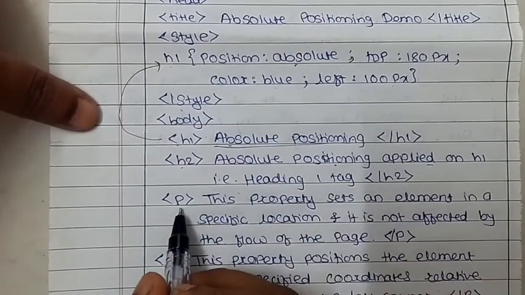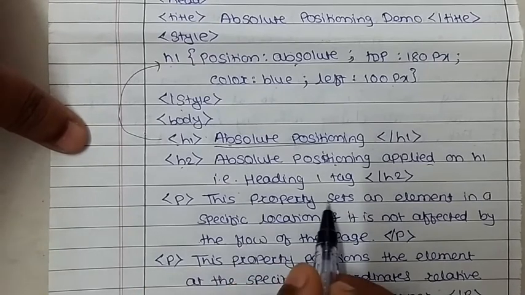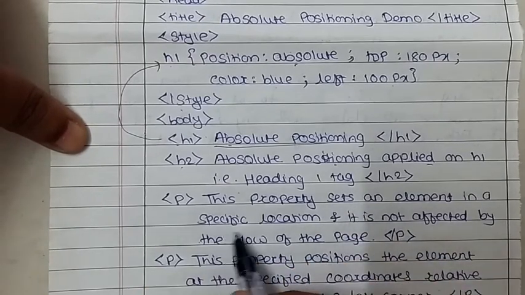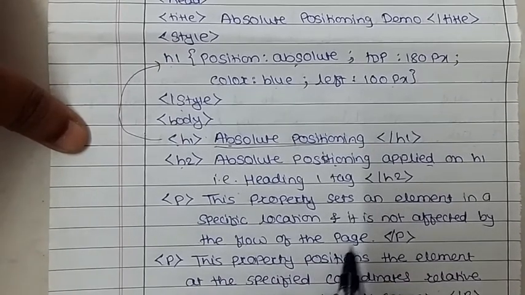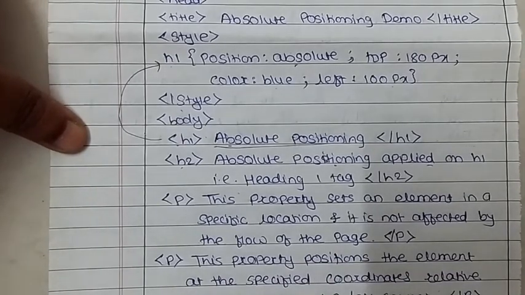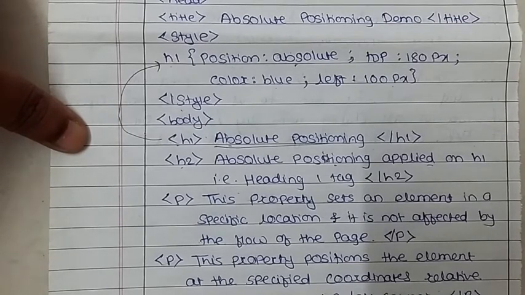Then we use one paragraph tag: this property sets an element in a specific location and it is not affected by the flow of the page. So we write the basic idea of absolute positioning with the paragraph tag.